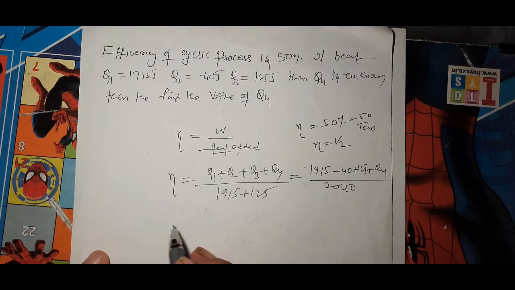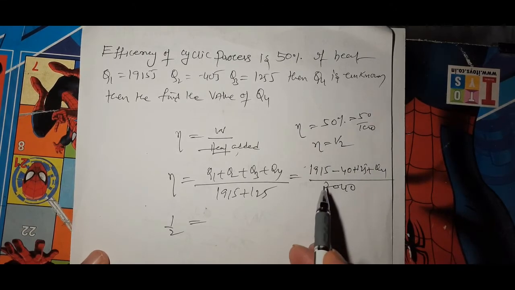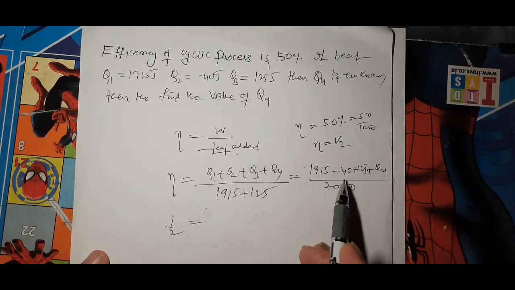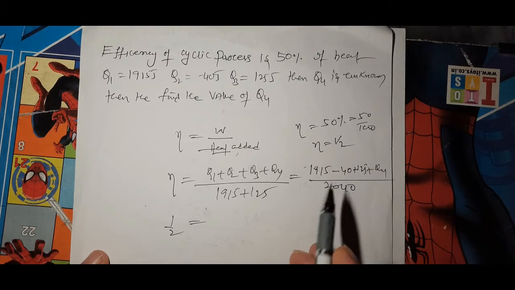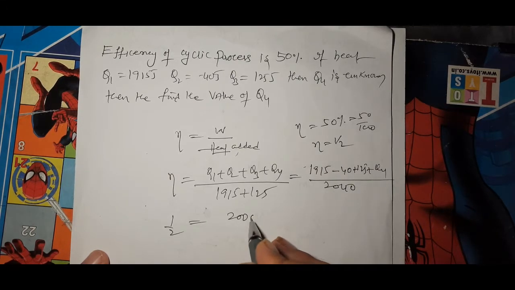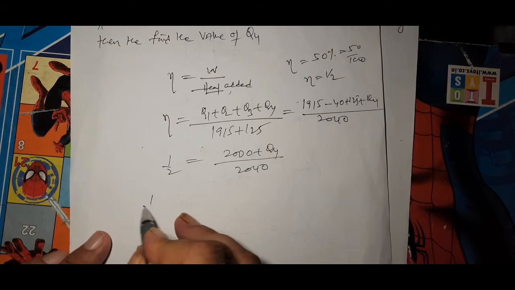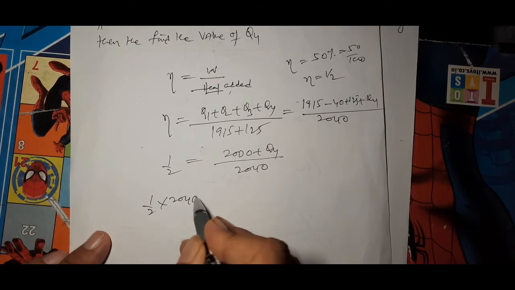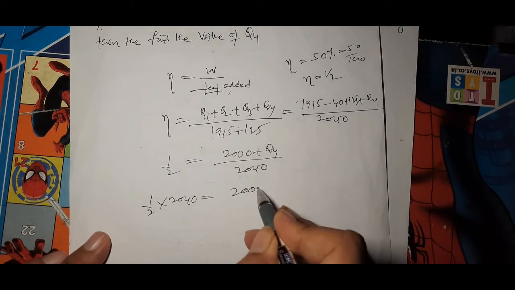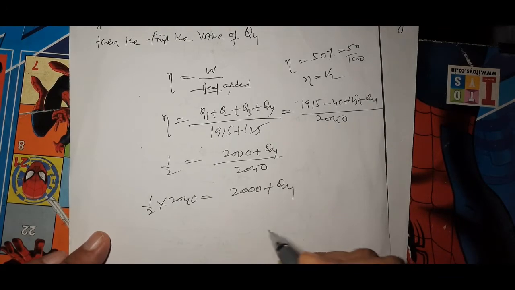So 1 by 2 is equal to 2040 minus 40, 2000, plus Q4, divided by 2040. So 1 by 2 into 2040 is equal to 2000 plus Q4.